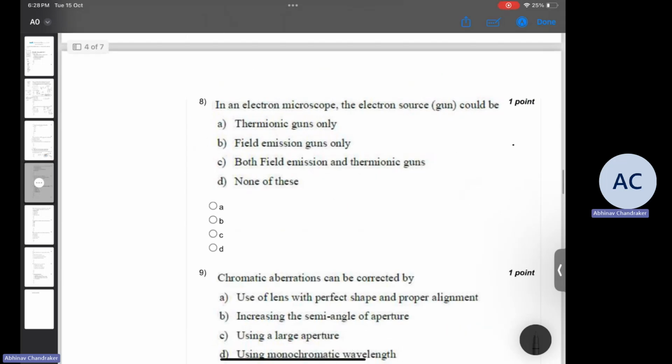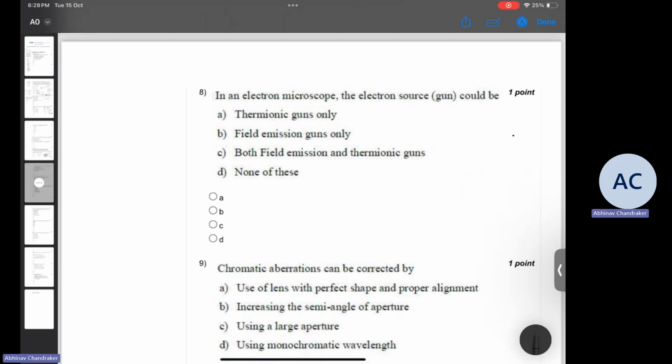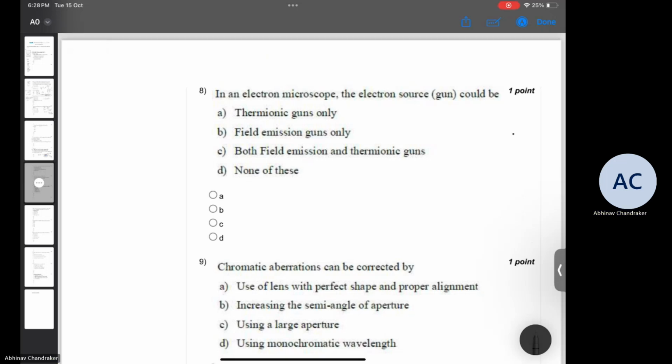The next question is, in electron microscope, the electron source could be. We have studied different methods of generating electrons for being utilized in electron microscopy to investigate our specimens.